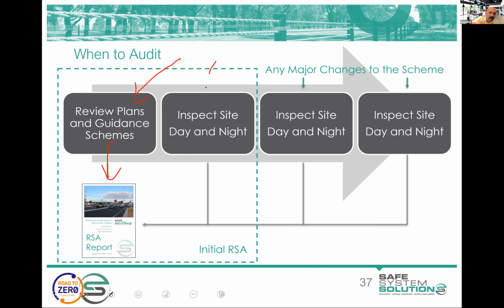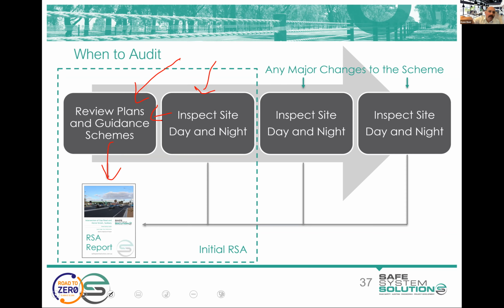Within this, you would still do an inspection day and night before the scheme goes out there, to get an idea of any other things that may be feeding in. So that would be looking, okay, there's a fast food store on the corner here, and could we be blocking access? Or, okay, people seem to be turning now. There's a school down there, and a lot of traffic may be diverted down that way. So holistically looking at that. In the traffic management planning, they should be thinking about these, but you're that extra independent set of eyes.